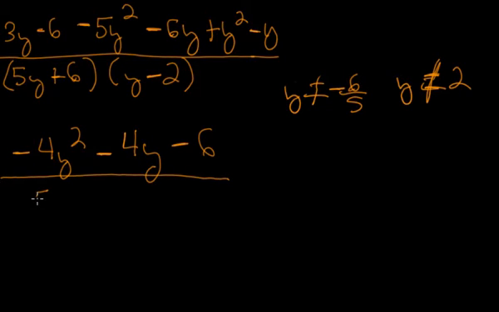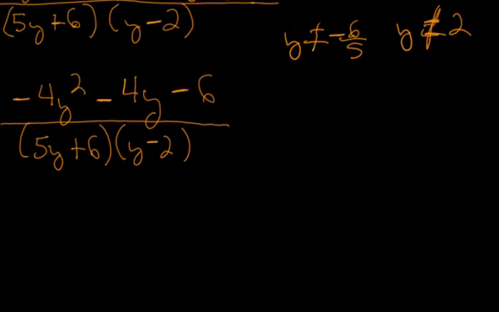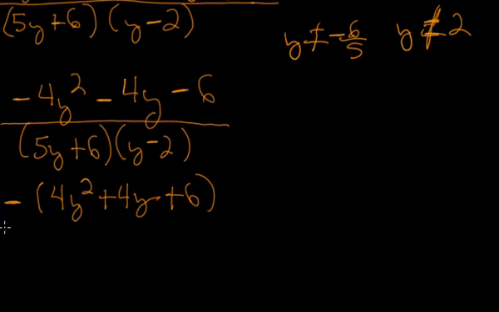So that's over 5y plus 6 times y minus 2. I have to see if this can factor. I have to see if there's anything that can cancel out. So I'm going to pull out the negative sign. Doesn't mean it will, but I have to check. My duty, right? It's our duty to see if we can get this as simple as possible.